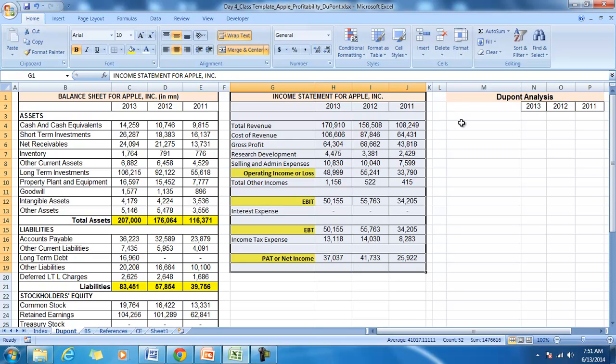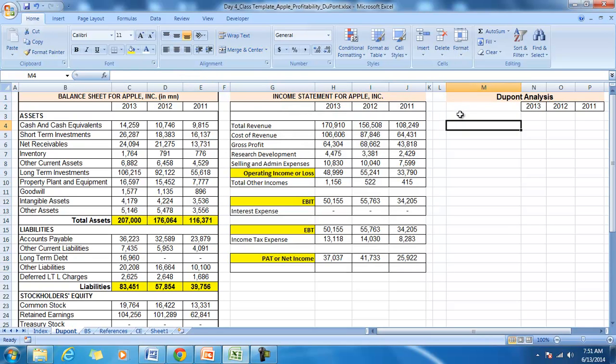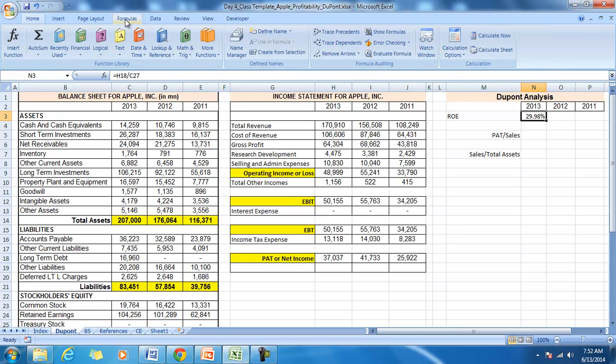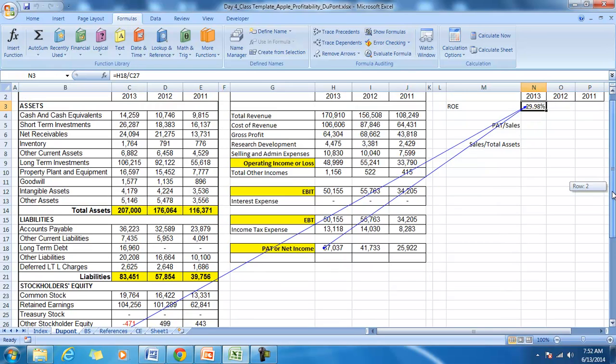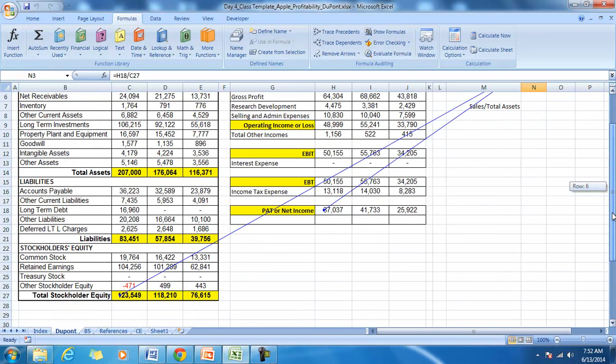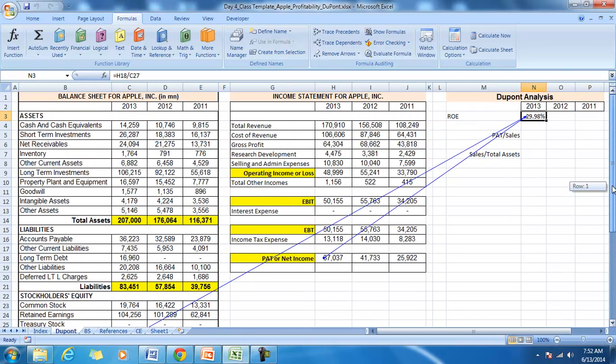So the return on equity is equal to, we know that return on equity is PAT by equity. So we can see that PAT is 37,000 million and equity is 123.5 million.